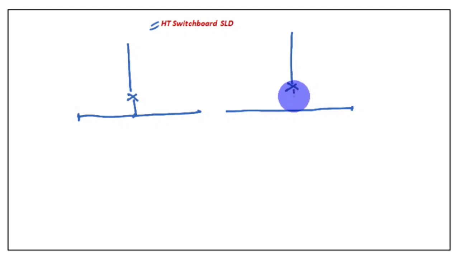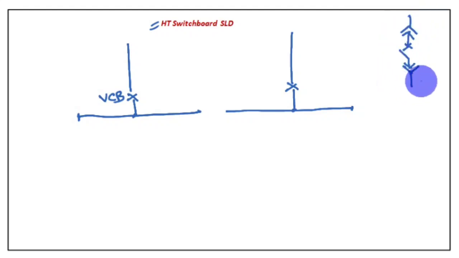Now I have shown the breaker. These are VCB; for an HT switchboard we need to use VCB, vacuum circuit breaker. I have shown this as a cross mark, but generally VCBs are represented this way. VCBs are draw out type, so the symbol of draw out is something like this, and inside that we can represent the breaker this way.